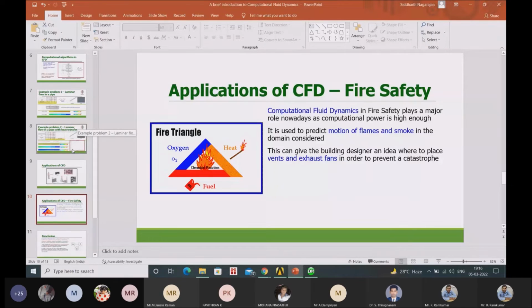What is the third unit in fluid mechanics? We study a lot of non-dimensional numbers to compare prototypes, models, and all that. So that is the chapter that we are dealing with here. Yeah, exactly, dimensional analysis.